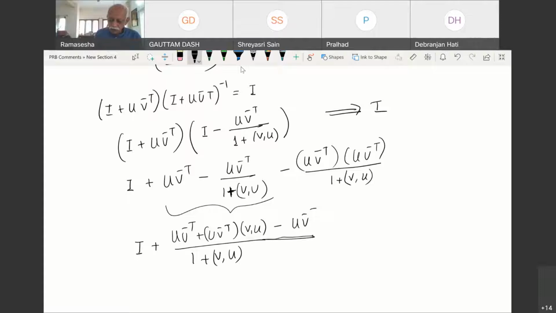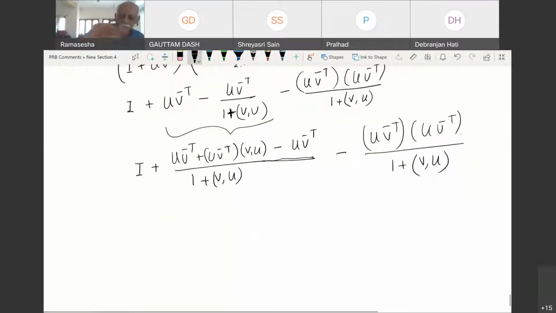Okay. So minus of UV bar transpose into UV bar transpose divided by 1 plus V comma U. Okay. So this is just a very simple algebra that I have done. Just multiplying the two things and then taking the LCM.